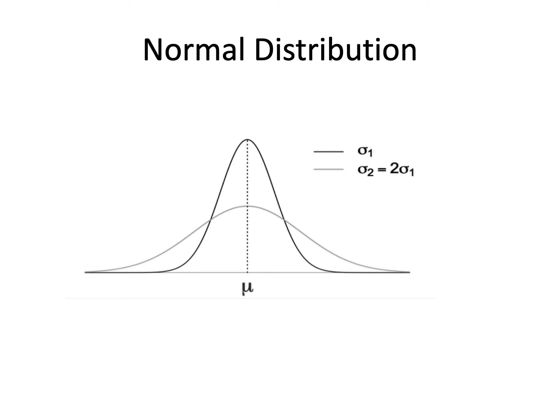There is more area in the tails and lower peaks for the gray curve. And there is an infinite number of normal distributions that we can represent, corresponding to all the different possible values of mu and sigma.